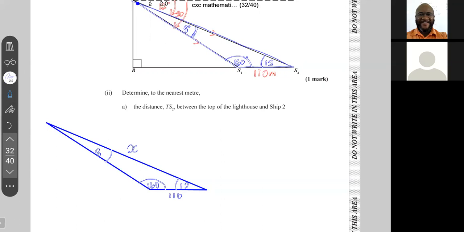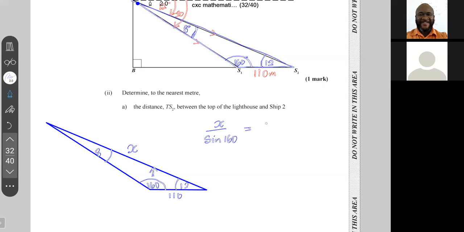Now, this is a non-right angle triangle. And if you have a non-right angle triangle and you're given 3 angles and 1 side, there's a condition for applying the sine rule. Here's how the sine rule works. Since I want to find sides, it's X over the sine of the angle in front of X, which is the 160 degrees.